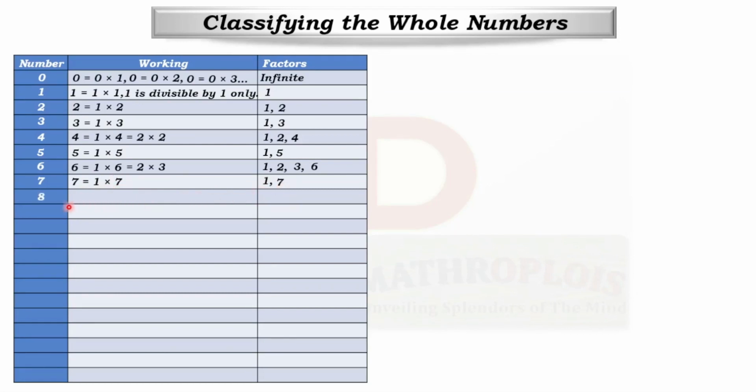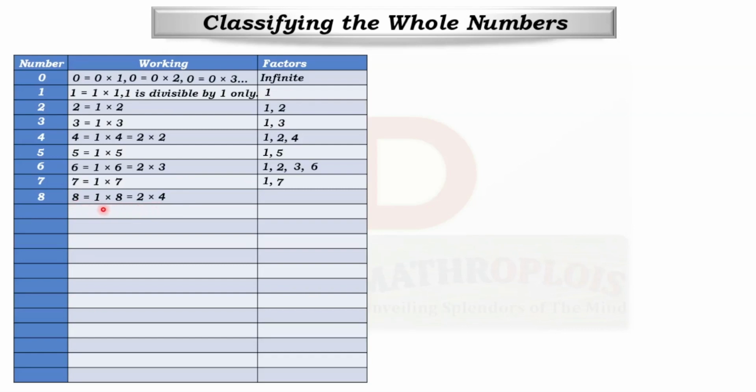Next number is 8. Let us now find out all possible factors of 8. 1 multiplied by 8 is equal to 8. 2 multiplied by 4 is equal to 8. And there isn't any other factor of 8.